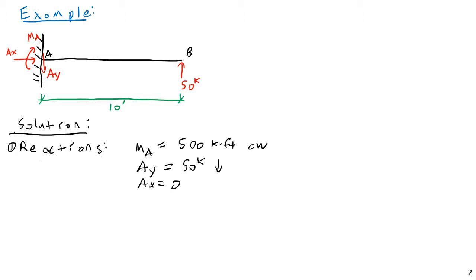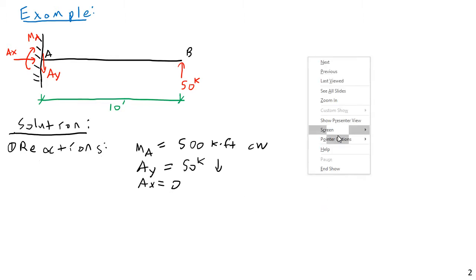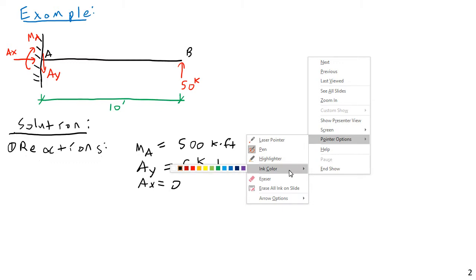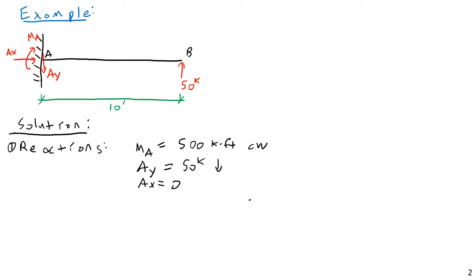Next, I need to get the shear and moment functions. Although, actually, let me just go ahead and get the shear and moment diagrams, and then we can get the shear and moment functions from that. Or we can do it two ways. We can either do it by inspection or by integration. I think for this, I'll just do both. Why not? Show both ways.